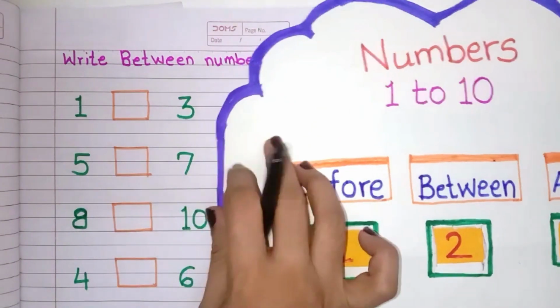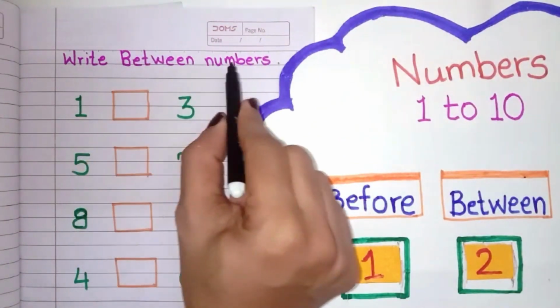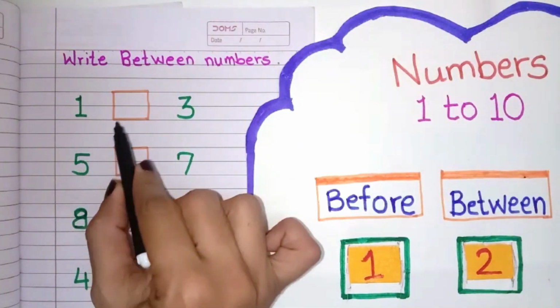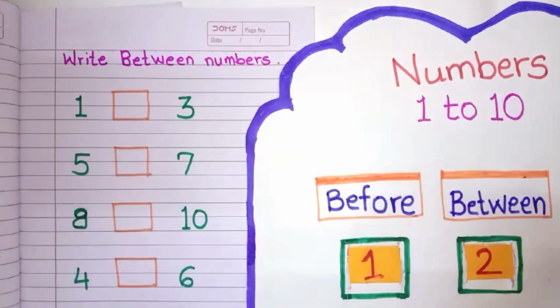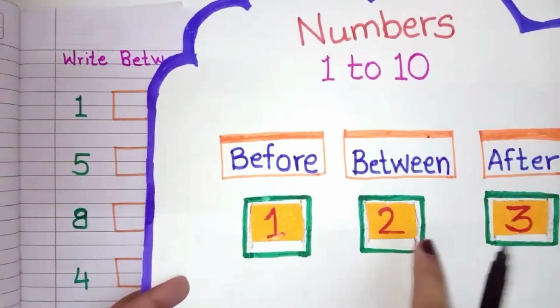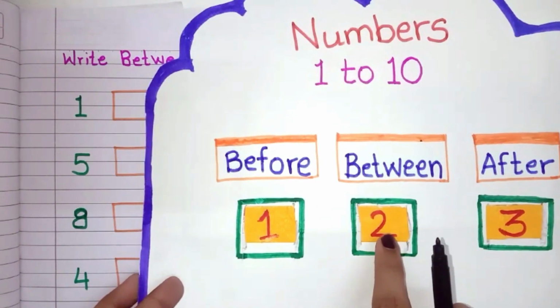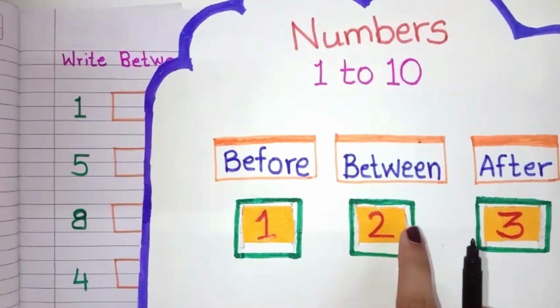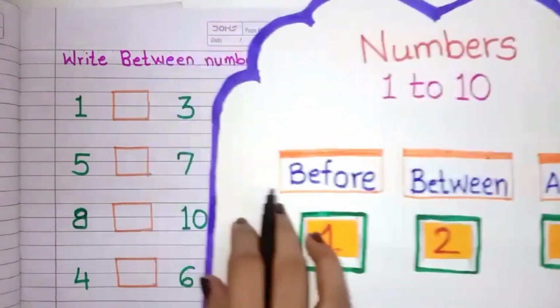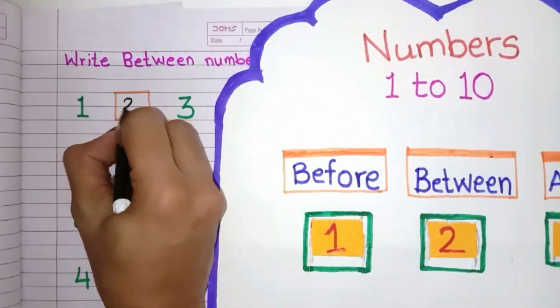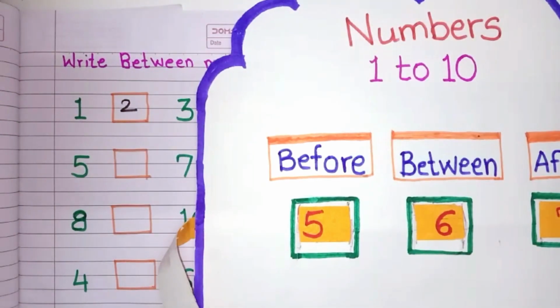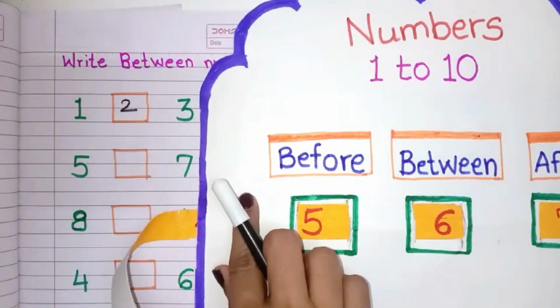Now we will see how to solve between numbers. Which number is between 1 and 3? See here. Which number is between 1 and 3? Between 1 and 3 number is number 2. Write down number 2 here. Which number is between 5 and 7?